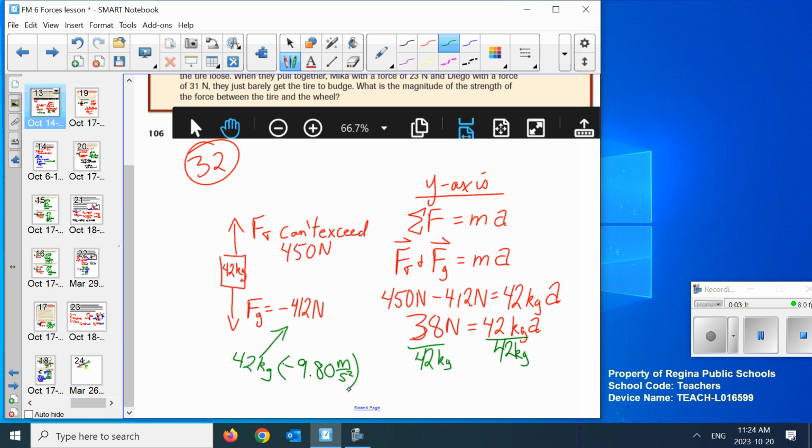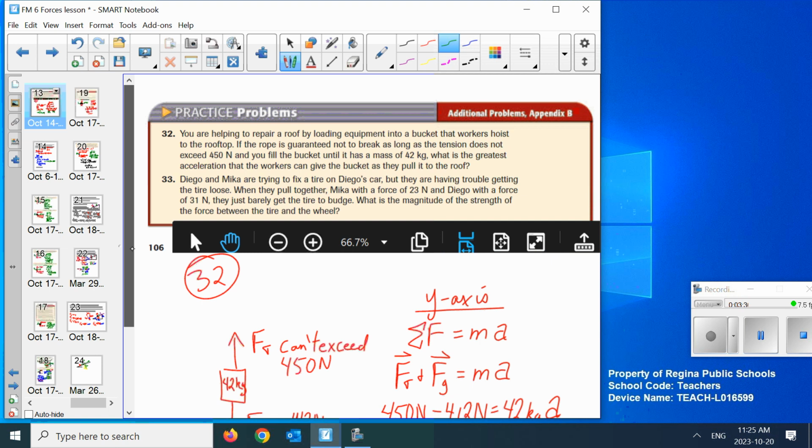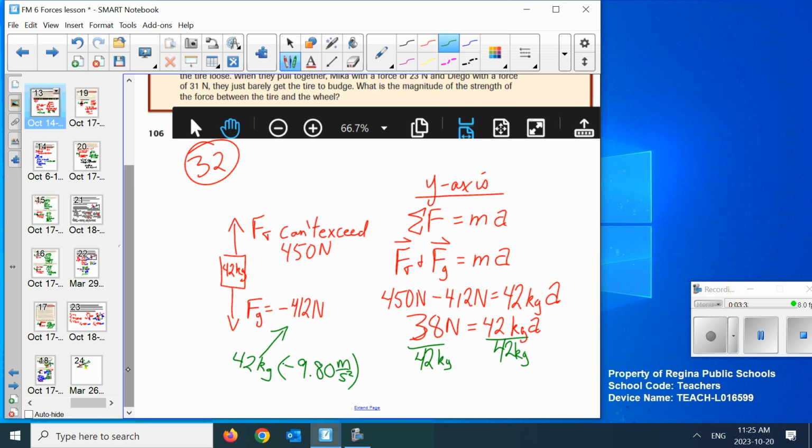I rounded it as 411.6, just for safety. There was a 42.0. No, I should have actually just called it 410. So.